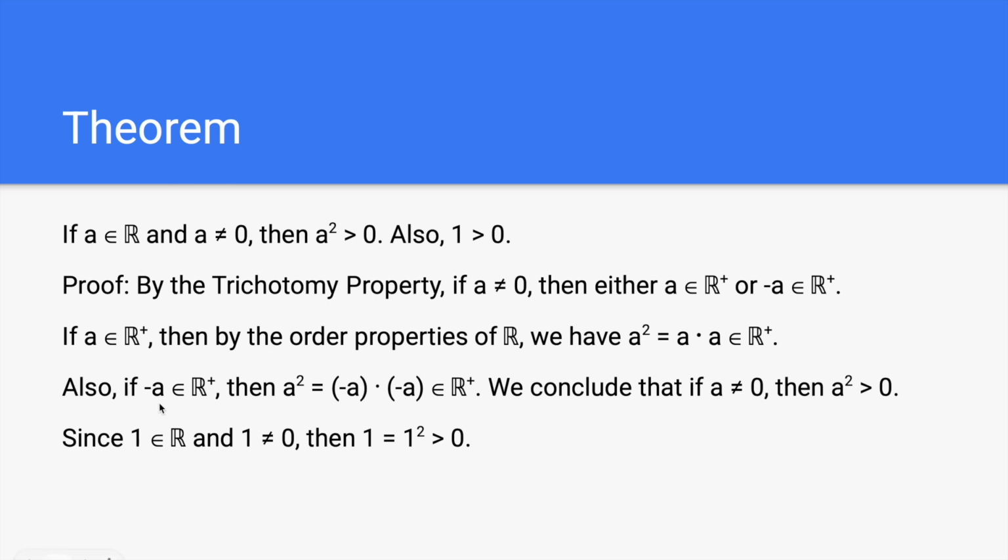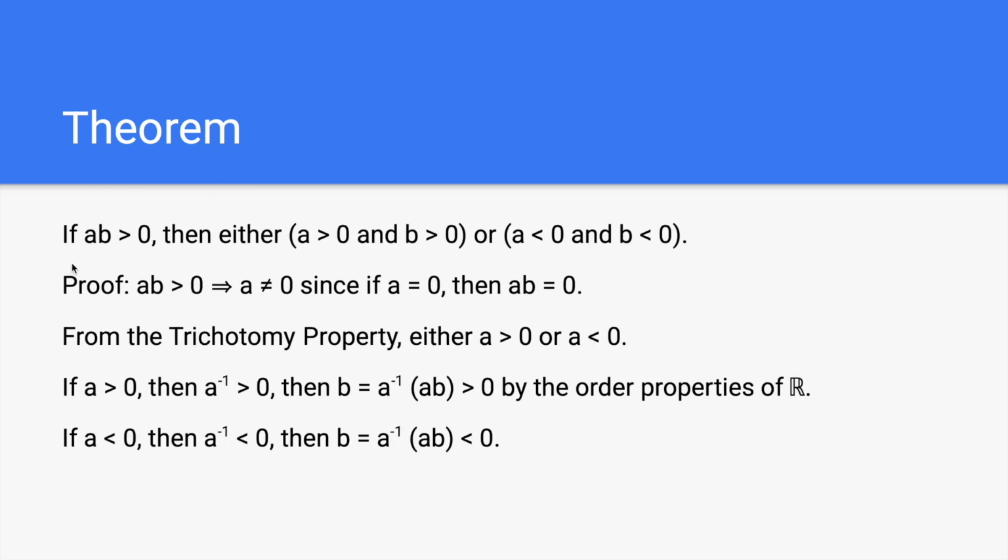Also, if negative A is positive, then A squared is equal to negative A times negative A, which is positive. We conclude that if A is not 0, then A squared is greater than 0. Since 1 is a real number and 1 is not equal to 0, then 1 equals 1 squared is greater than 0.